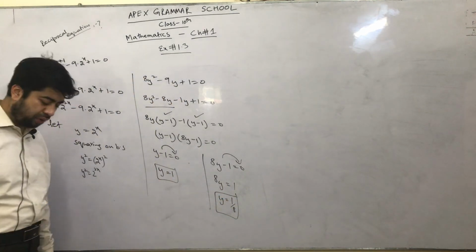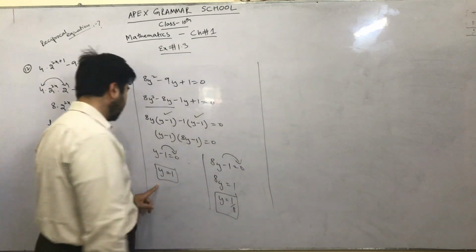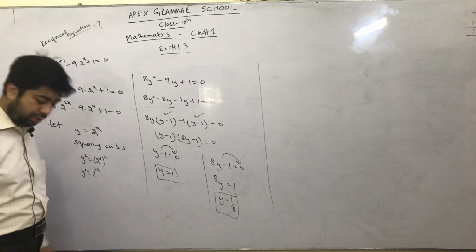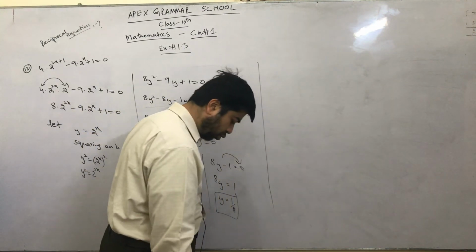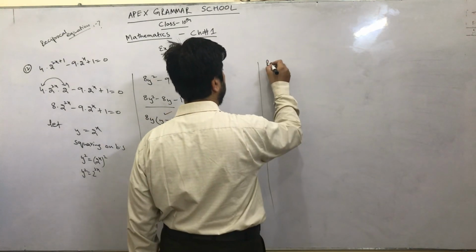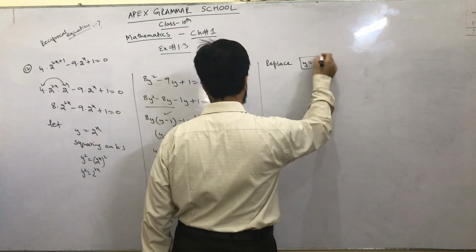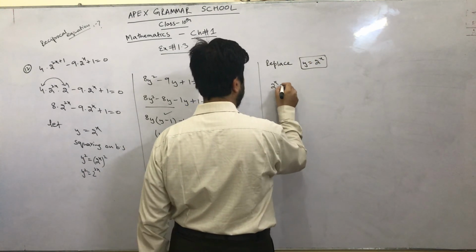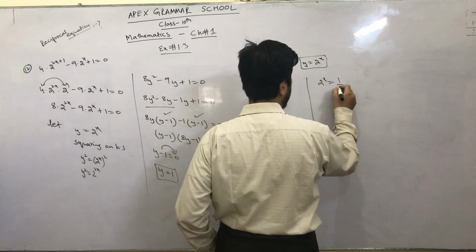This was values of y, but we have to find the values of x. What is basically the y? Y is equal to 2 raised power x. Replace y with 2 raised power x. Two raised power x is equal to 1, and 2 raised power x is equal to 1 over 8.